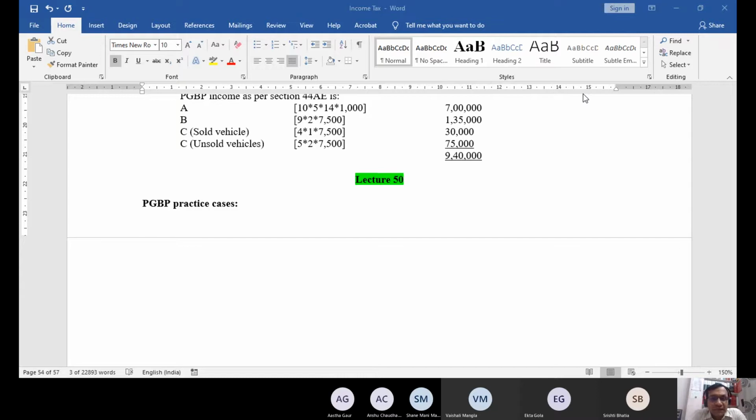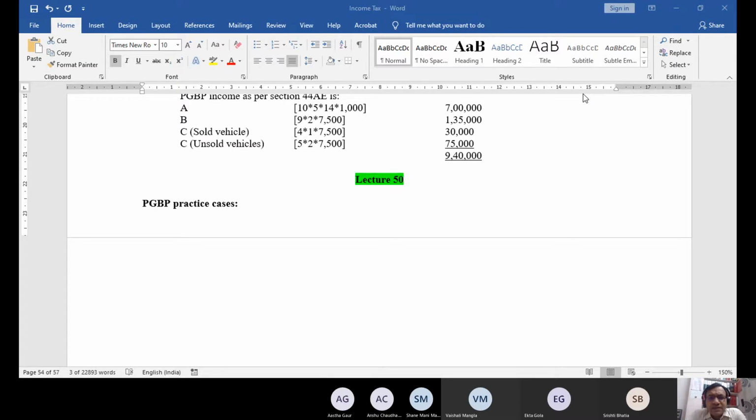Section 40 clause A, section 40 clause B and section 40 capital A. If those expenditures are valid, they have to be further checked whether they are satisfying the conditions of 40 clause A, 40 clause B and 40 capital A. Next point, those valid expenses also need to satisfy the conditions of section 43B, because some of the expenditures are allowed as deduction only on actual payment basis, which is written in section 43B.